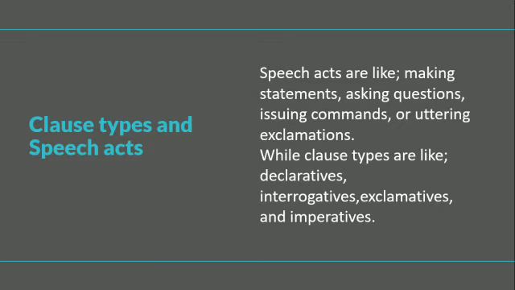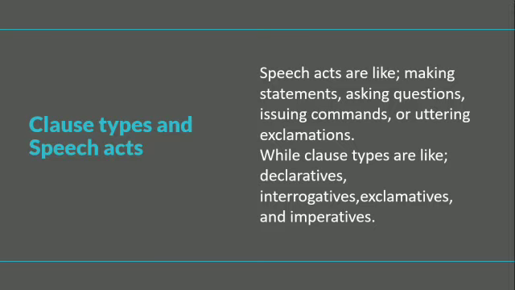Okay, when we speak or write, we perform acts through words such as thanking and promising. These are speech acts. Speech acts are like making statements, asking questions, issuing commands, or uttering exclamations.